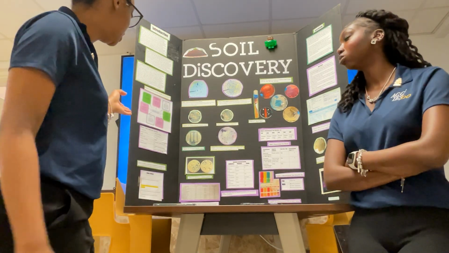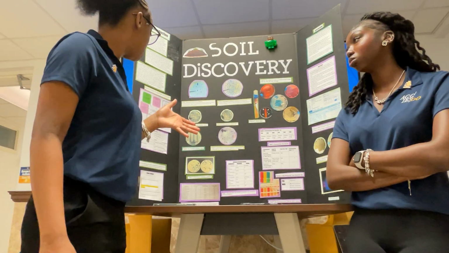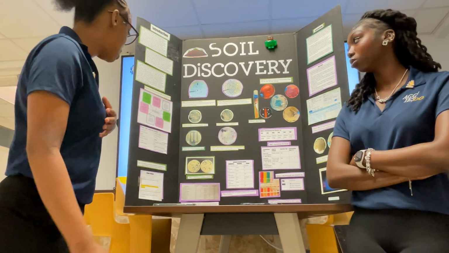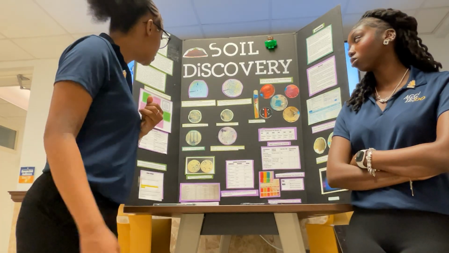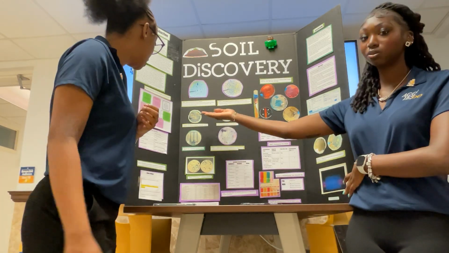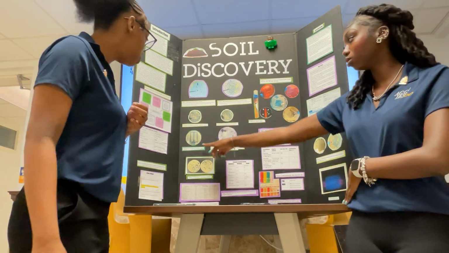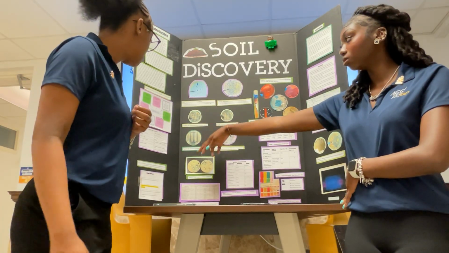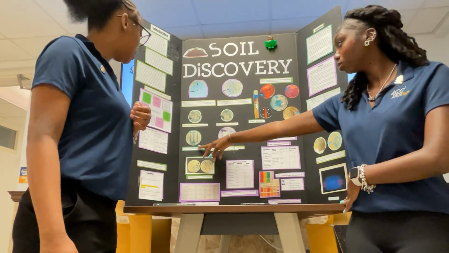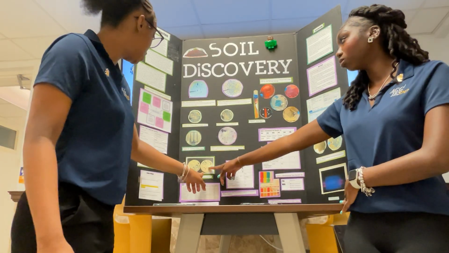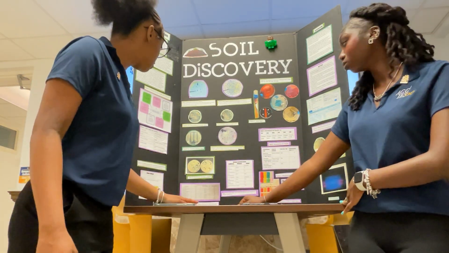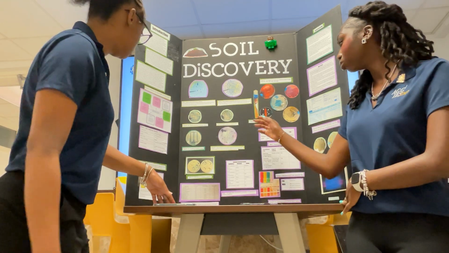For the methods, we collected the soil sample and did serial dilutions to obtain isolated colonies. The master plates were isolated from different colonies and placed onto two new plates, streak plates, with bacteria isolates with inhibition zones, which is over here, and then master plates for antibiotic producers.